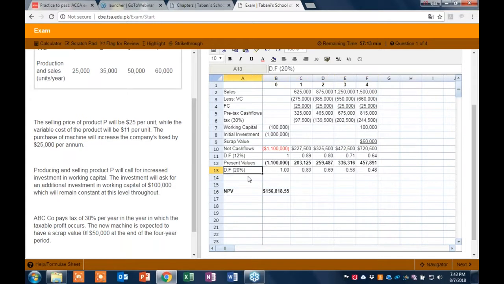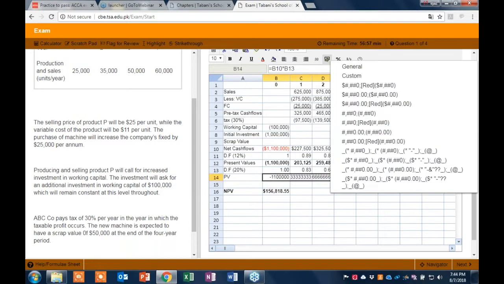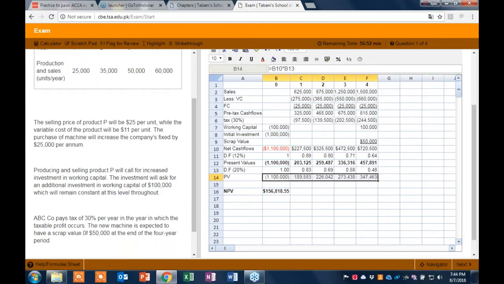So we've got the discount factors again. Let's calculate present values again. The net cash flow, which is 1.1 million in the first year, multiplied with the discount factor. Let's change the format of this row. Now this NPV was at 12%, so let's mention it here.